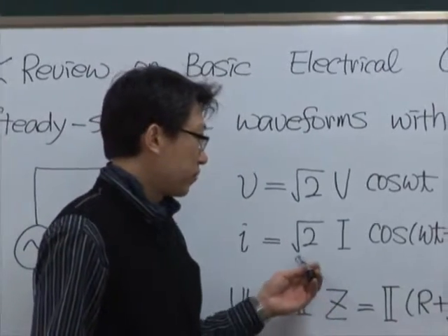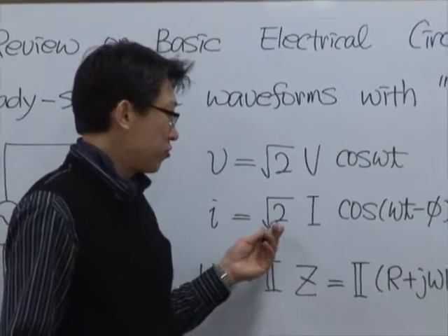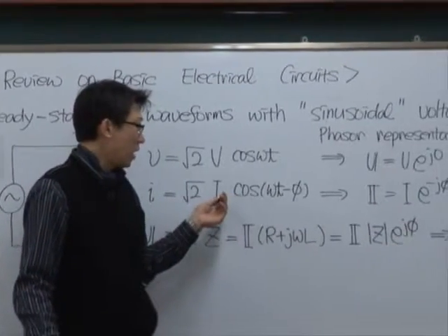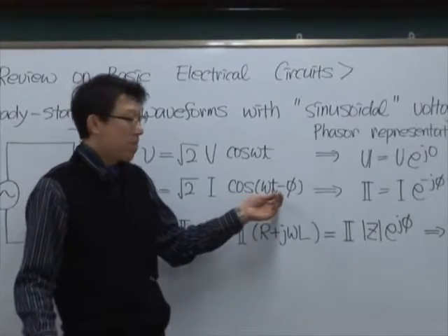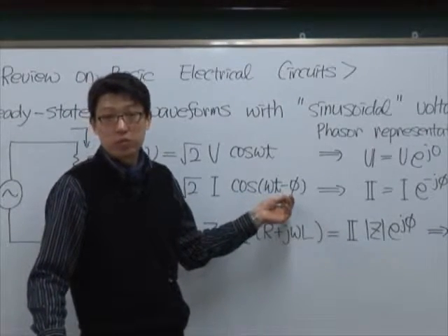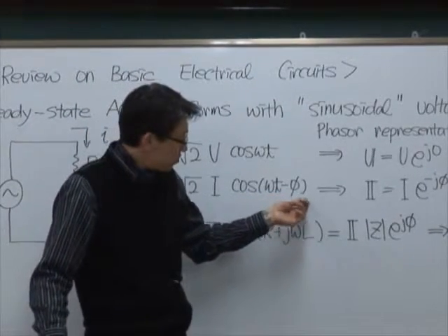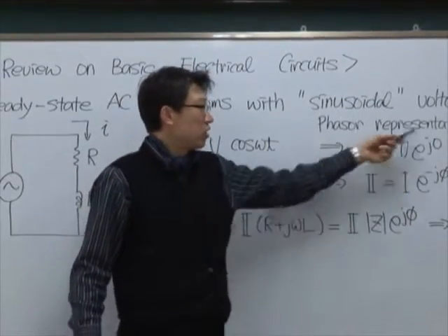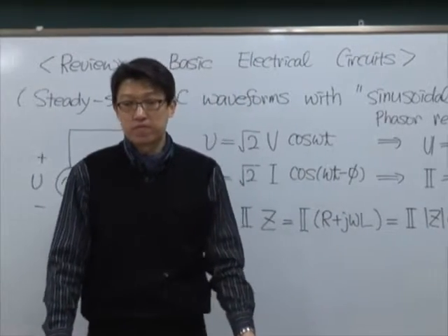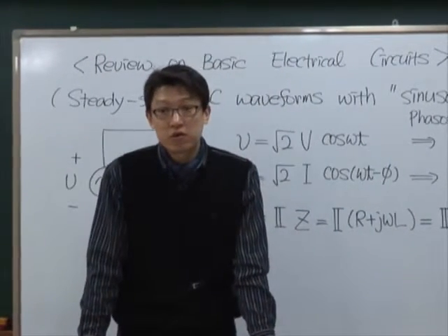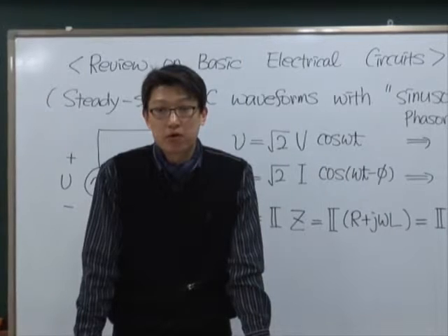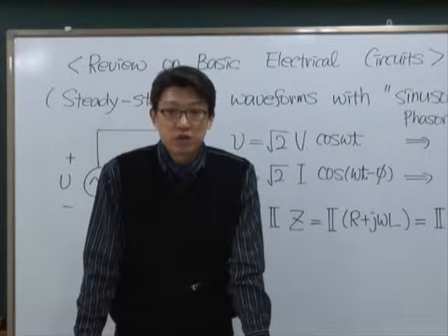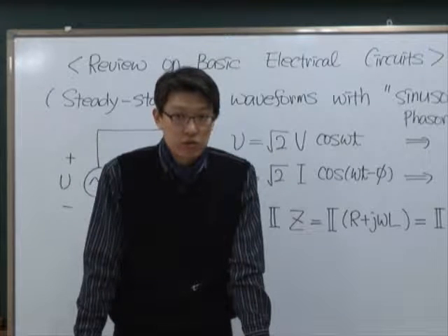Okay, and if we apply the same rules, then the complex quantity of the current is now I, and the phase angle is minus phi. Please don't be confused. The angle is minus phi. So we are dealing with this phasor analysis. Why are we using phasor analysis? Because, simply speaking, in a linear circuit, you know what linear means.